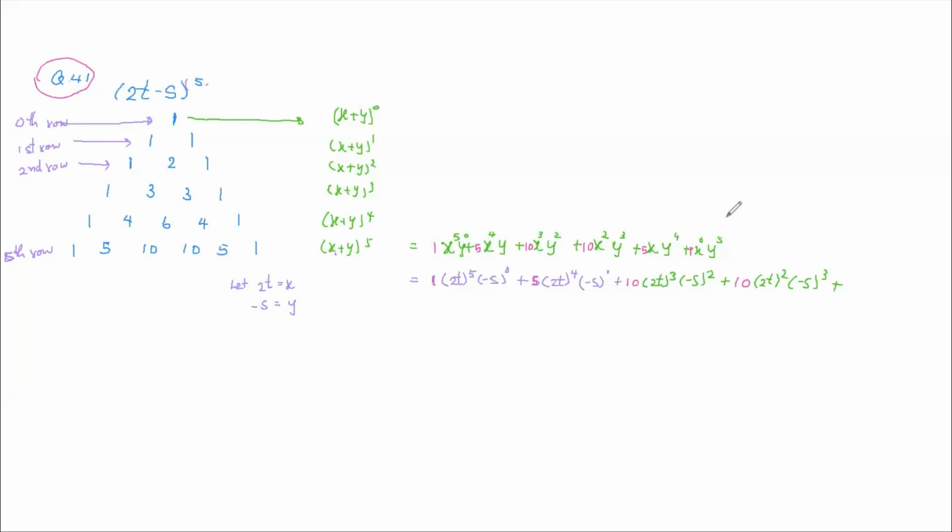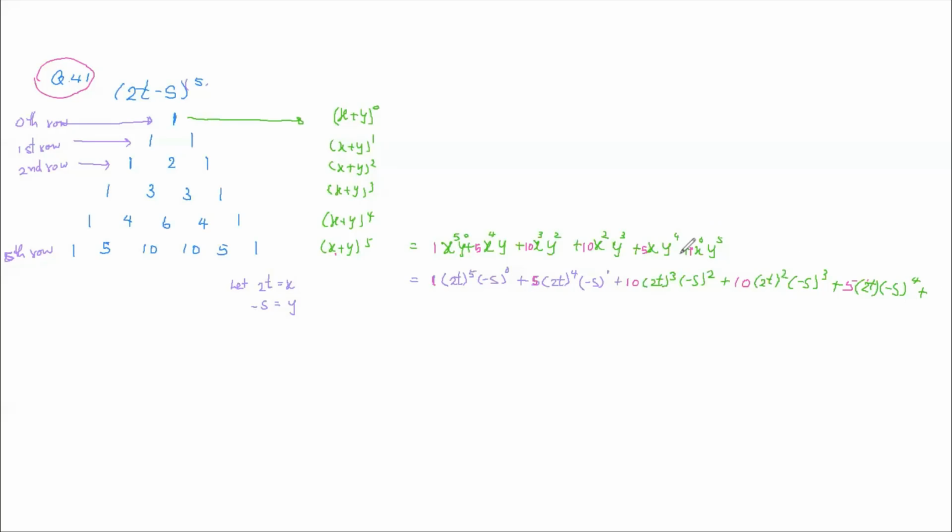Plus the next one is 5. So 5 times x is 2t here in this term, and then y is negative s power 4.